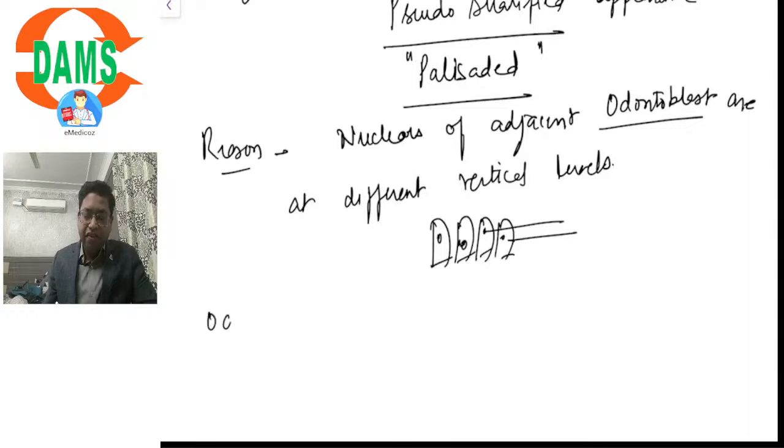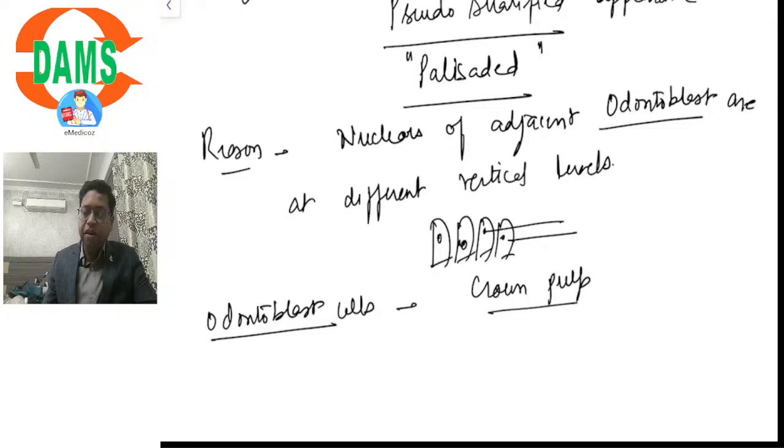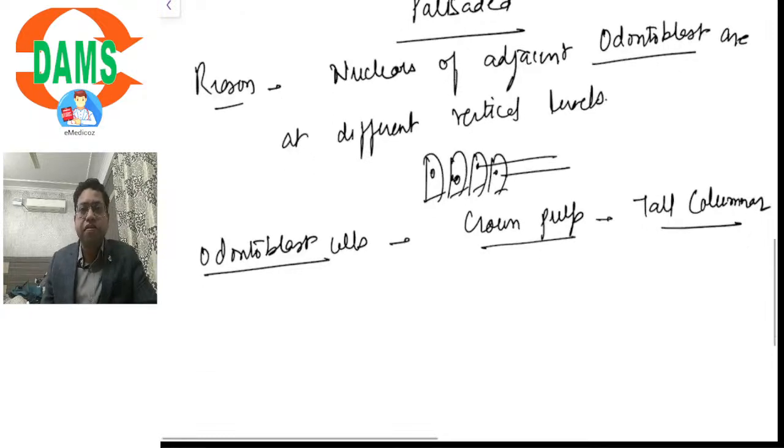These odontoblast cells in the crown portion of the pulp, or we can say in the coronal pulp, are tall and columnar cells. In the midroot area of the pulp, they are cuboidal cells.